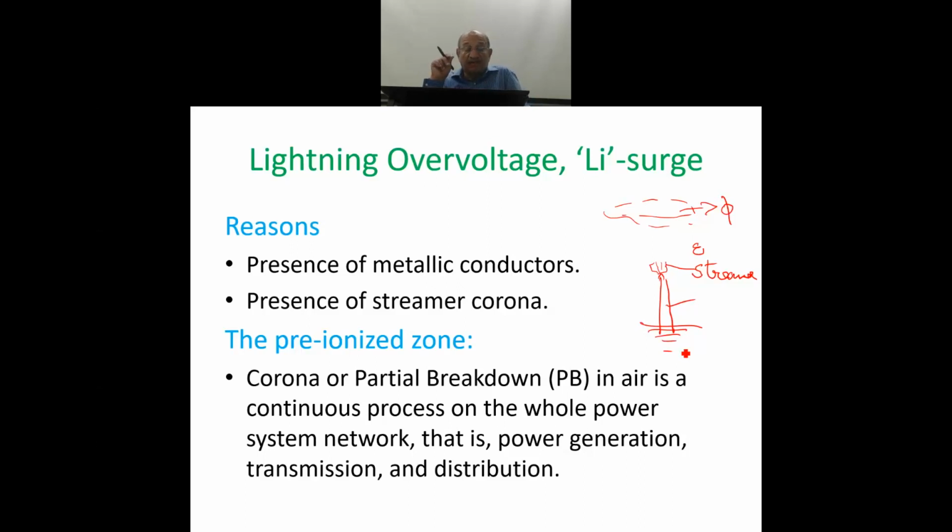So this is one of the reasons the streamer develops on the ground at the metallic conductor. A streamer may develop here, and also at the clouds because of high potential. These two streamers then develop into leaders and propagate, one upwards and one on the cloud downwards, and then they strike upon each other by a thick leader.